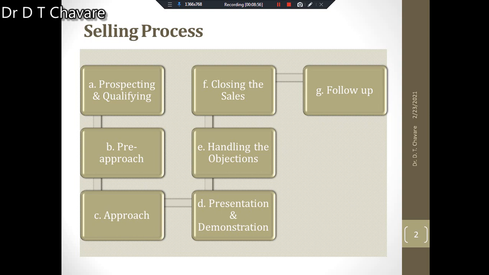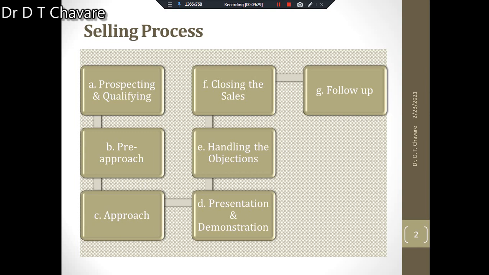Pre-approach is a step in the selling process in which the salesman learns as much as possible about prospective customers before making a sales call. At this stage, the salesman tries to collect maximum information about the prospect and then decides which approach will be most suitable, a personal visit or phone call.